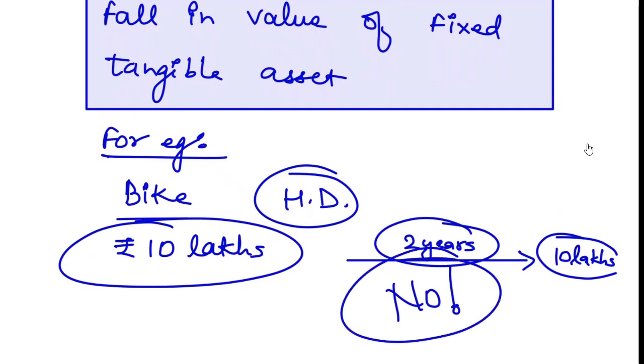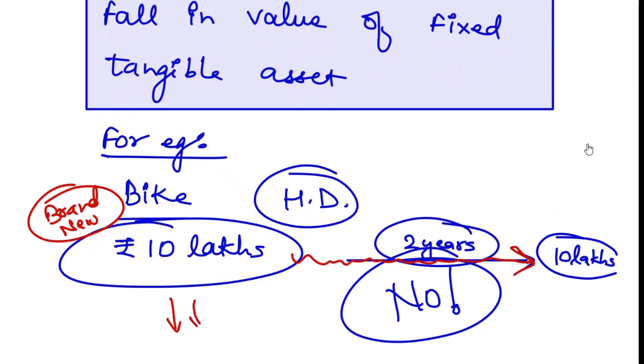Because when I purchased it, it was brand new. But now I have used this for a period of 2 years. So the value of the bike will reduce on the basis of its use.